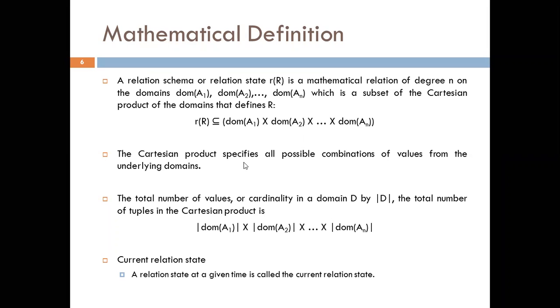A Cartesian product specifies all possible combinations of values from the underlying domains. The total number of values is the cardinality of a domain. It is represented as cardinality of domain of A1 times cardinality of domain of A2 till cardinality of domain of An. This gives us the total number of rows or values we can have. A relational state at a given time is also called the current relational state.